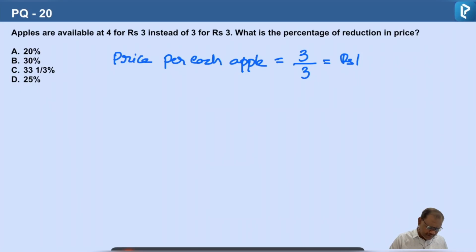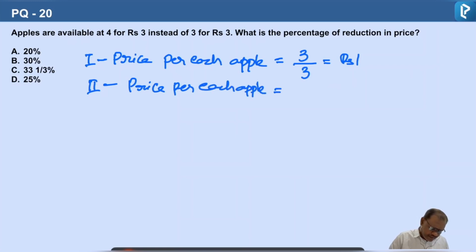So this is in the first case. Next, in the second case, price per each apple is 3 rupees for 4 apples. So rupees 3 by 4 is the second case.